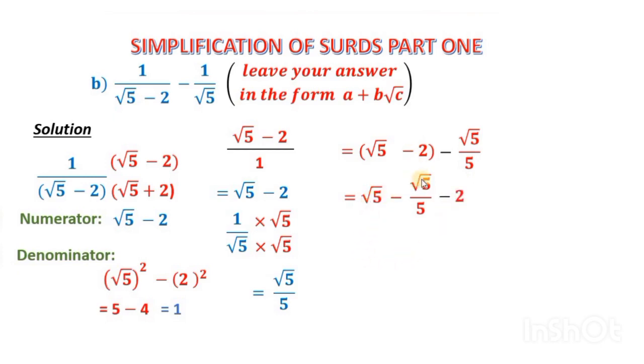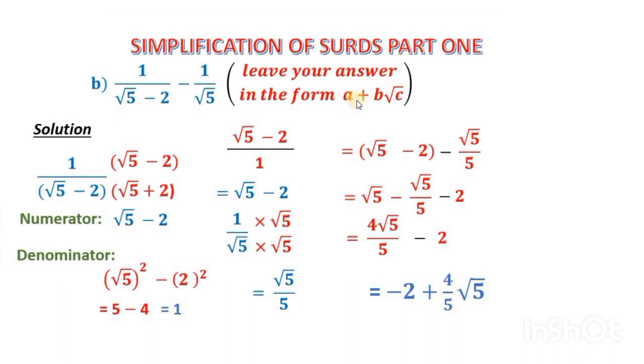Root 5 minus root 5 over 5 should give us 4 root 5 over 5, which is also 4 over 5 root 5. And then finally we subtract 2, and this can also be expressed as negative 2 plus 4 over 5 root 5.